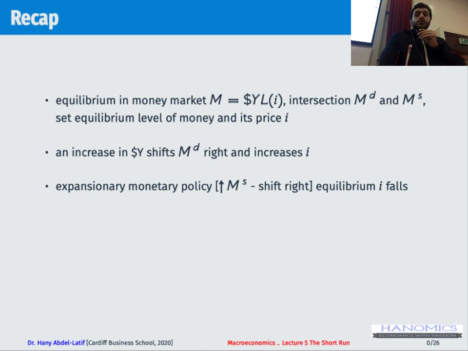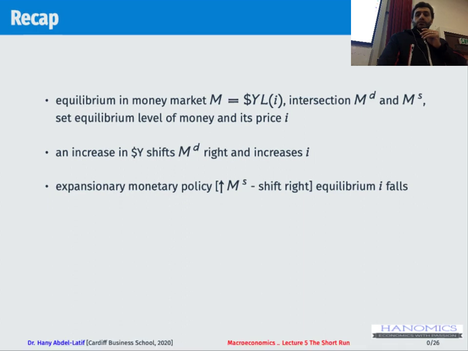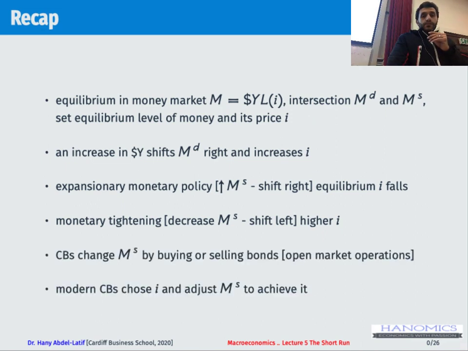The other way around, if the central bank decides to apply a contractionary policy or monetary tightening, meaning reducing money supply, that will shift the money supply, the vertical line, to the left. Again, this is all what we covered in the previous lecture.